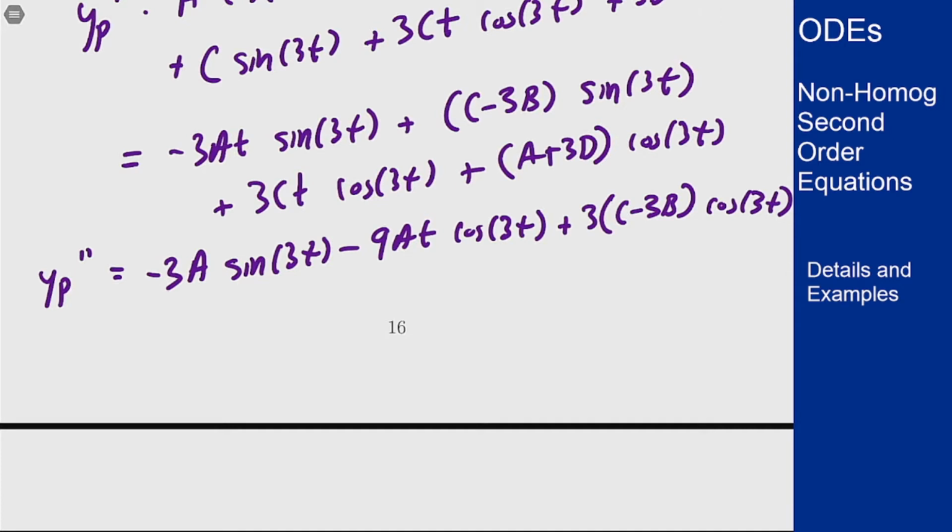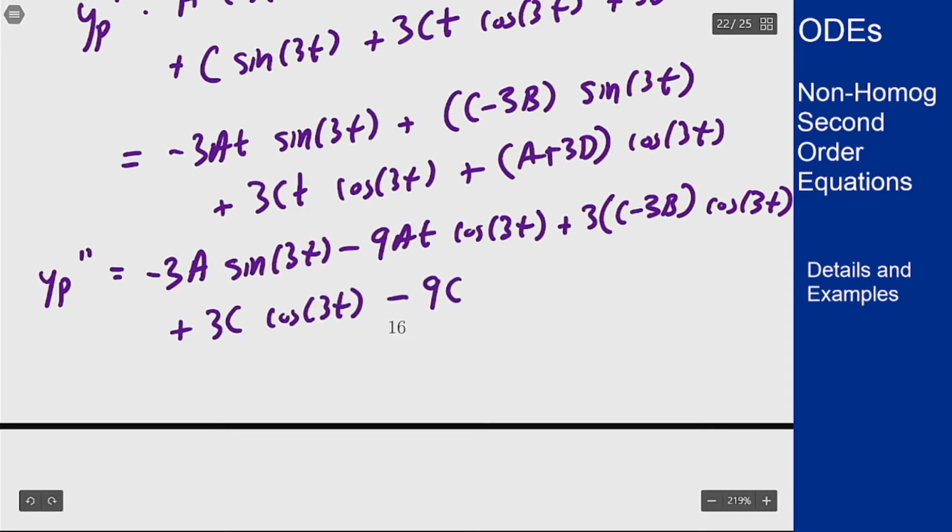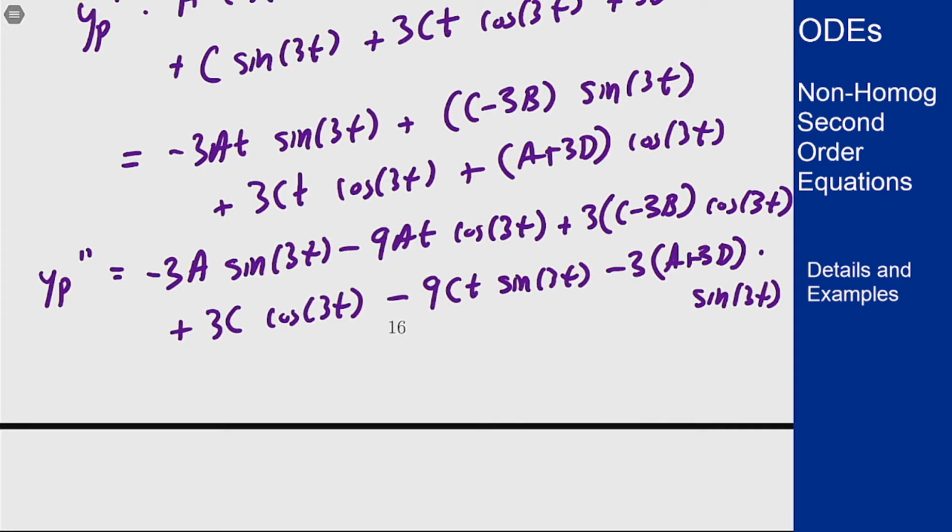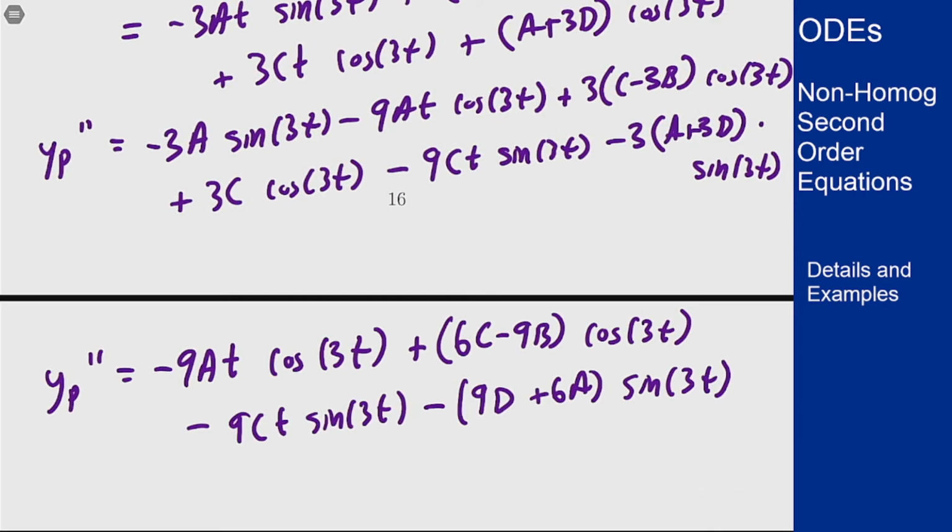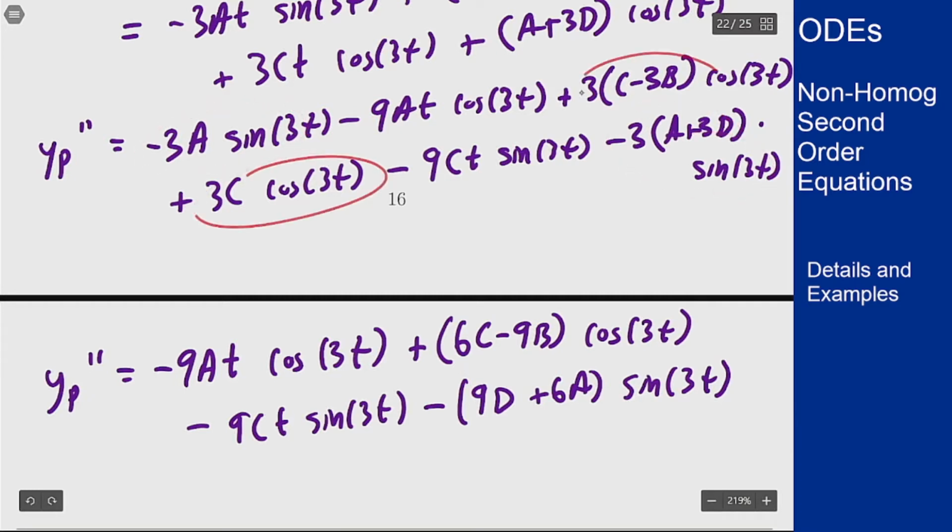And for the cosine terms, I get plus 3c cosine of 3t, minus 9ct sine of 3t, and then minus 3 times (a plus 3d) sine of 3t. And again, we'll do one more collection of terms here, where I've basically grouped these terms in with their respective sine and cosine function terms.